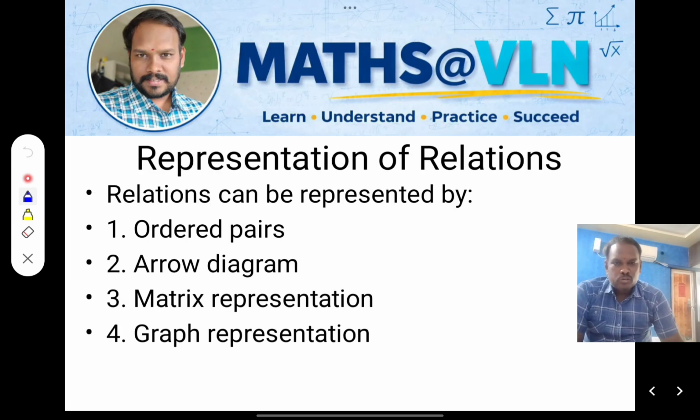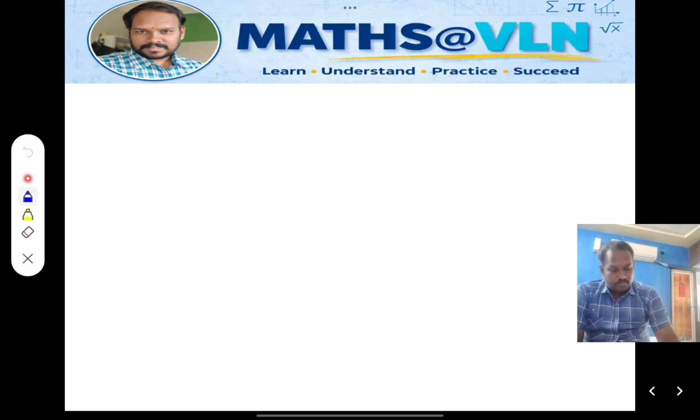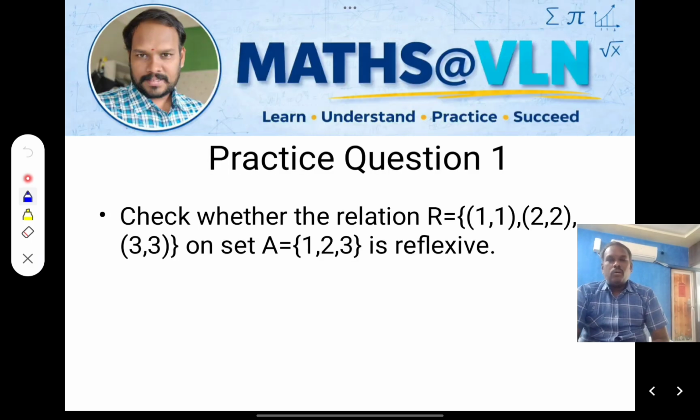Now the representation of relations: we know ordered pairs or arrow diagram, matrix representation and graphical representation. And now try to practice some questions.